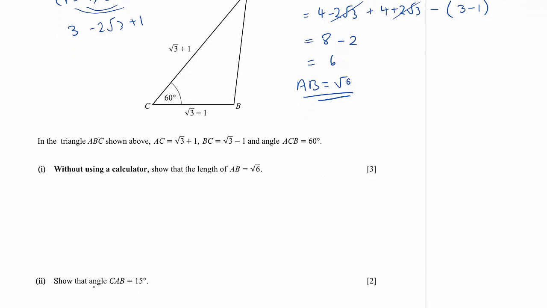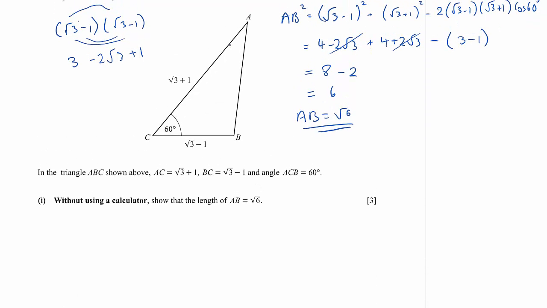We now want to show angle CAB, that's this one here. We want to show that angle is 15 degrees, and let's just call that angle alpha.